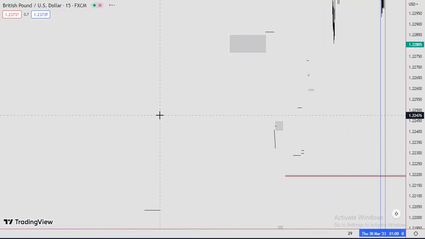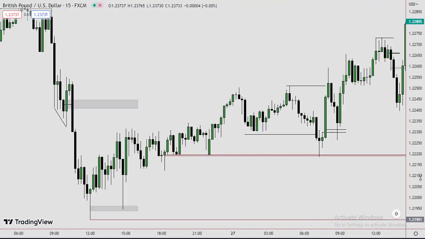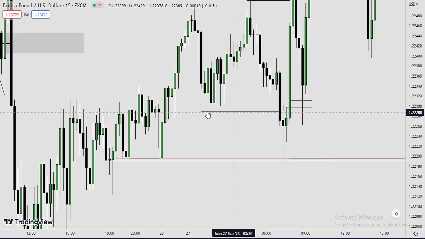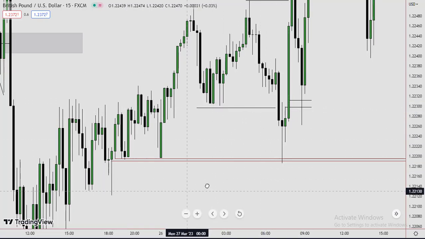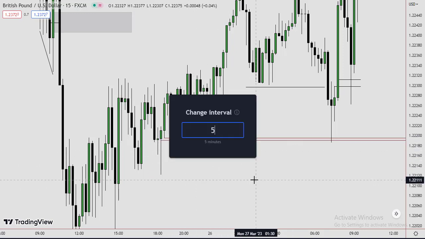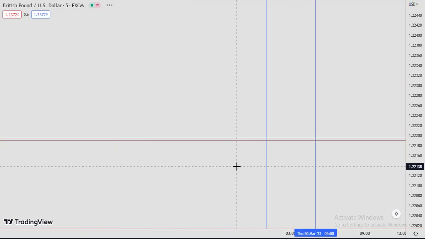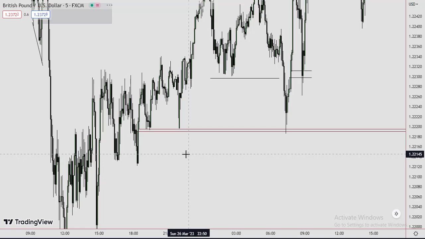Right, top down analysis is very interesting. So look at what price action did. Price took out relative equal lows here, sell side liquidity residing below here, then traded into a tiny fair value gap right here. I think that should be 5 minutes then. That should be 5 minutes.